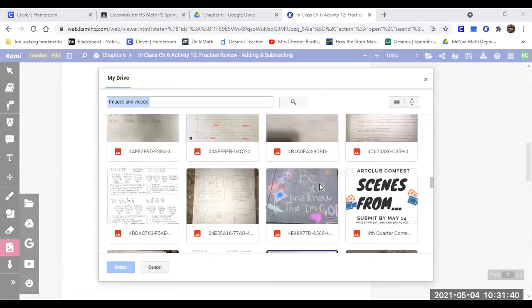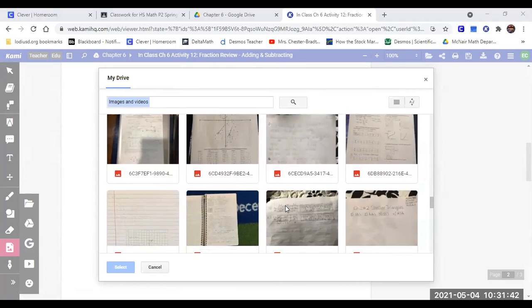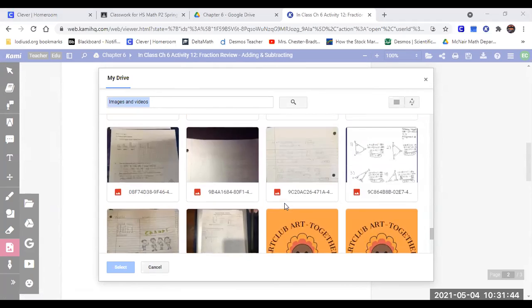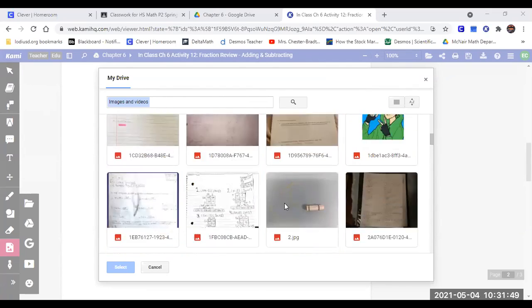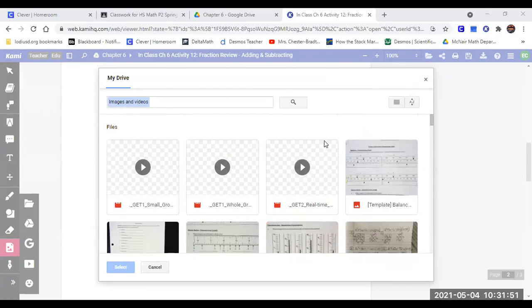I need to pick. A lot of times they're the most recent, but sometimes they show up in screenshot, which is why I renamed them, so they should be here, but it is being weird about where my stuff is.